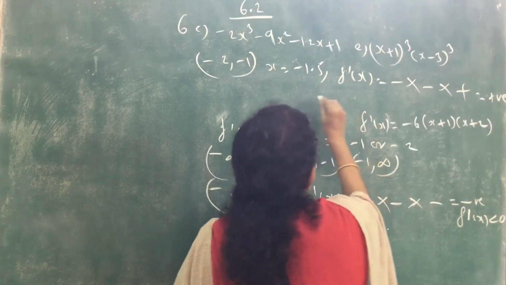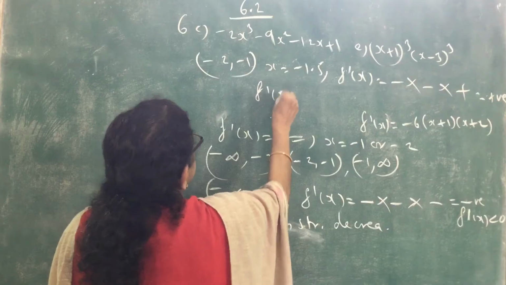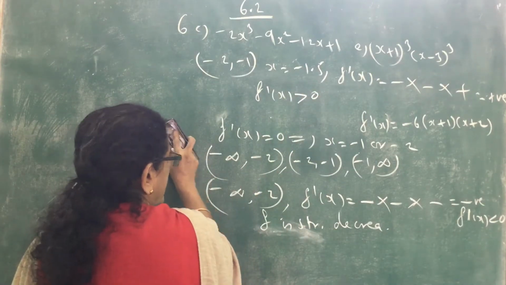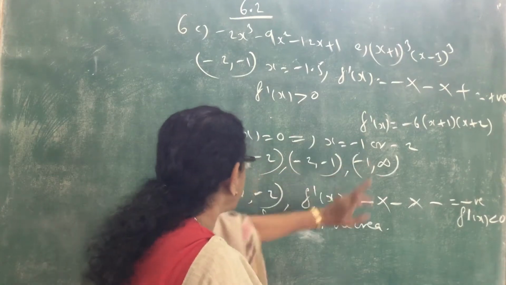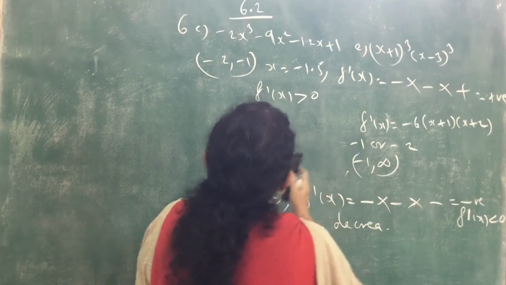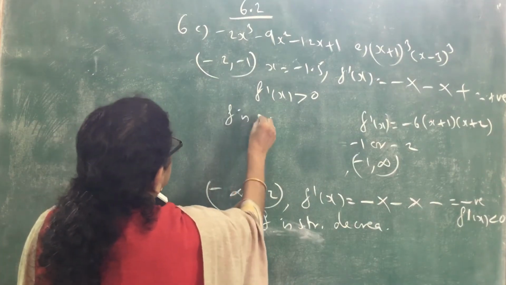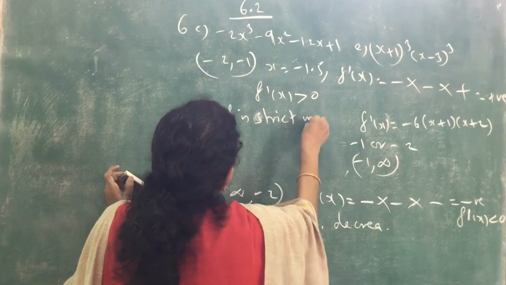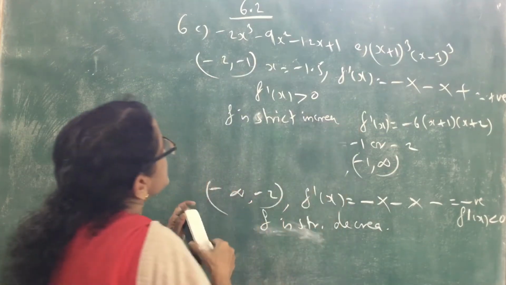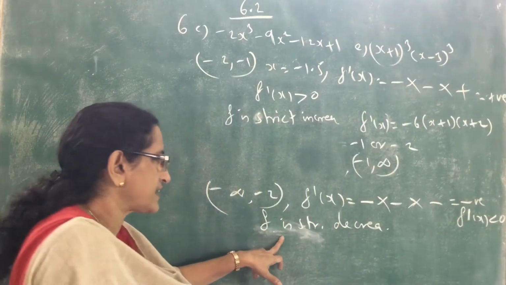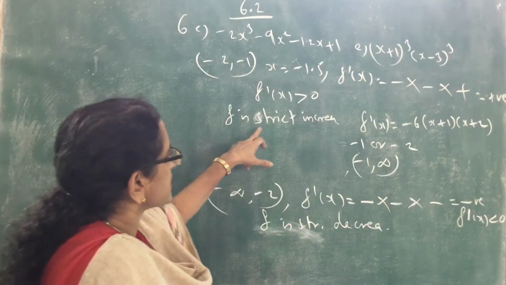Therefore f dash x is greater than 0, and f is strictly increasing. So in the first interval the function is strictly decreasing, and now we got strictly increasing.